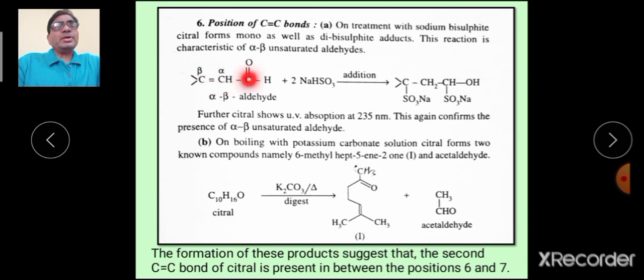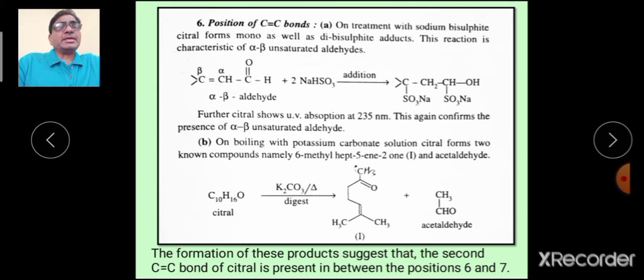Therefore citral must be an alpha beta unsaturated aldehyde. Further, citral shows UV absorption at 235 nanometer. This again confirms the presence of an alpha beta unsaturated aldehyde.